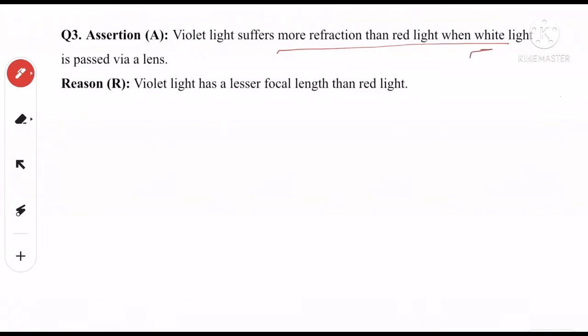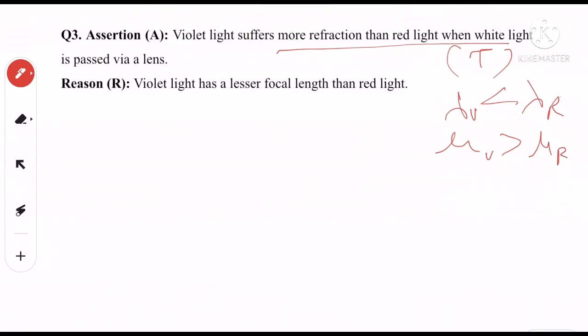Yes, this is true because we know that lambda violet is less than lambda red, and refractive index mu v is greater than mu r.